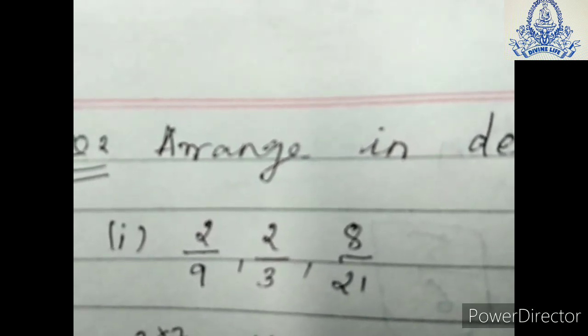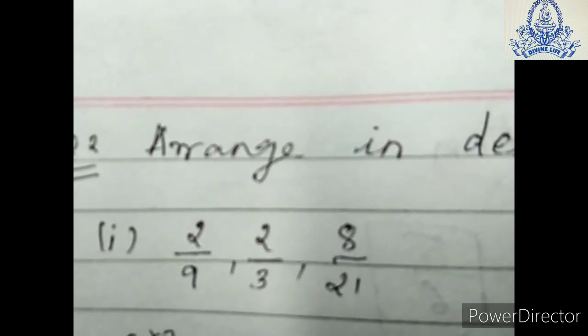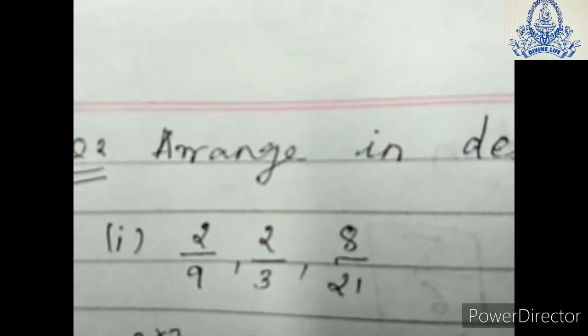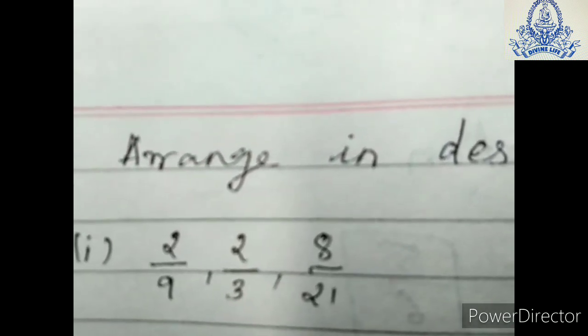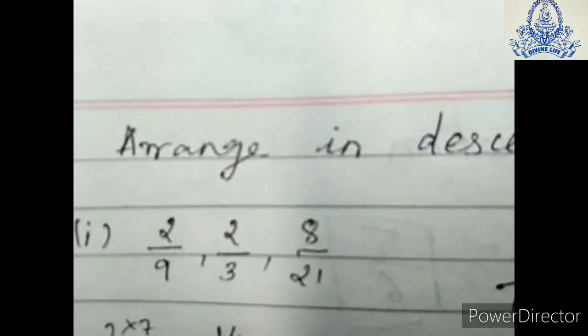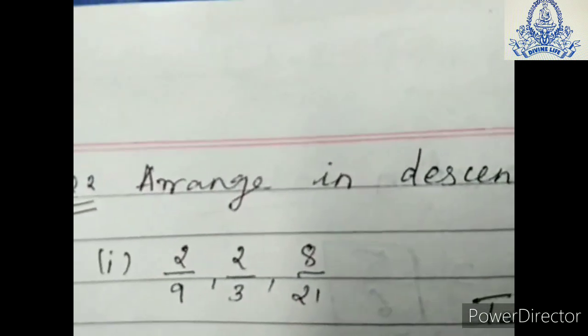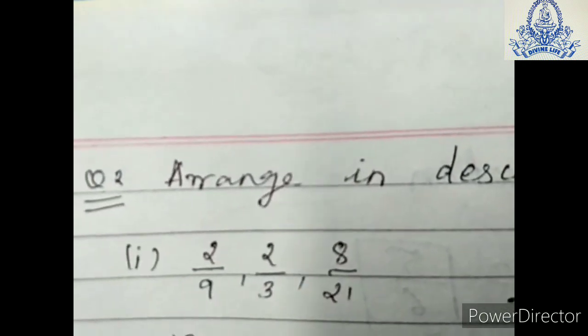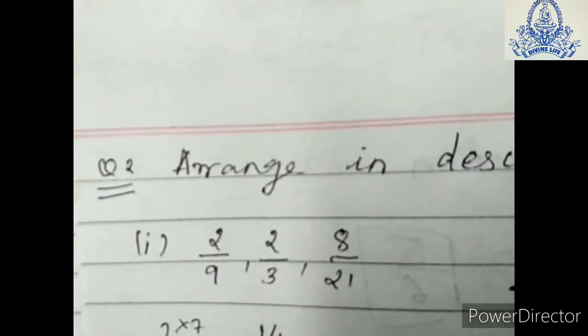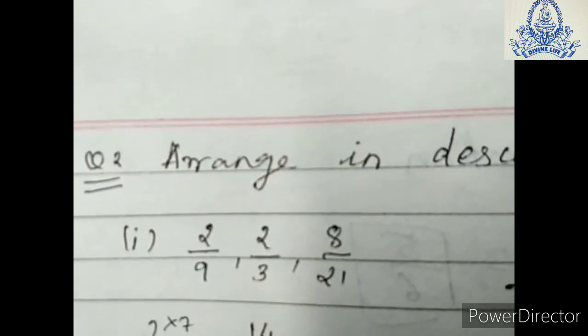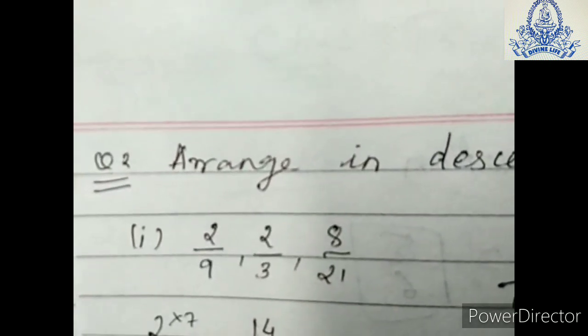We have to arrange them in descending order, that is from bigger to smaller. So before arranging, we have to take the LCM and make the numbers equivalent, and after that only you can arrange in ascending or descending order.